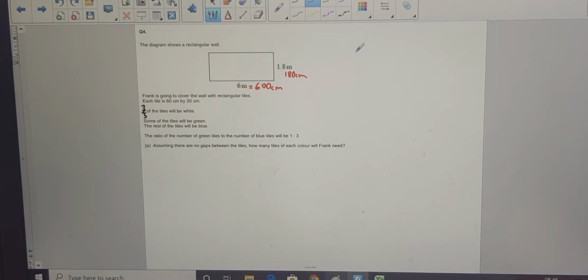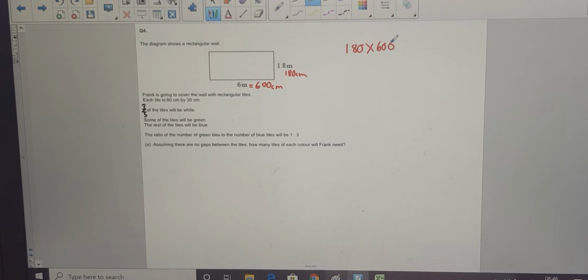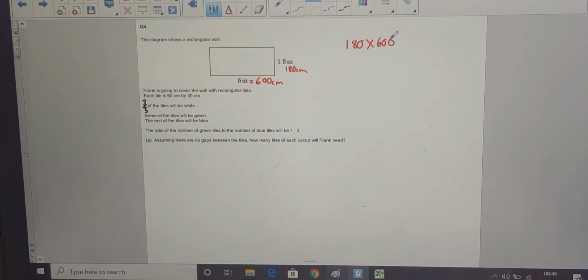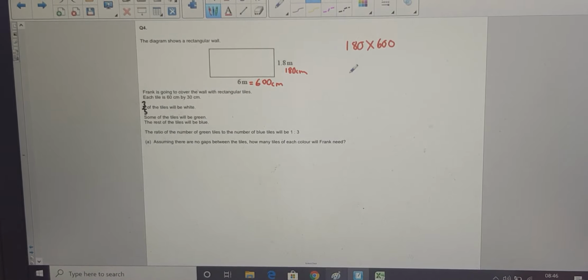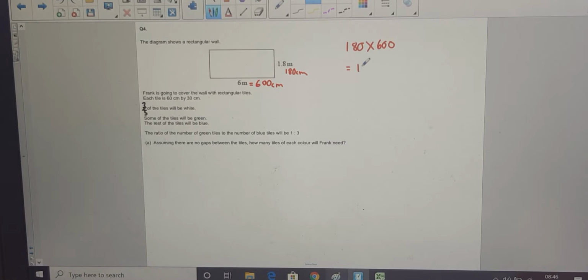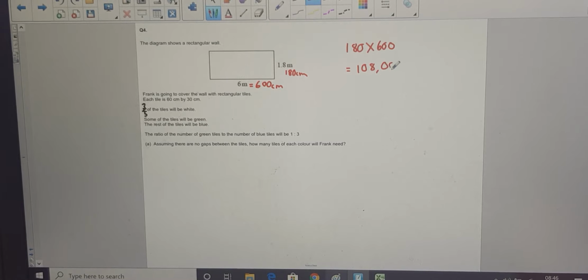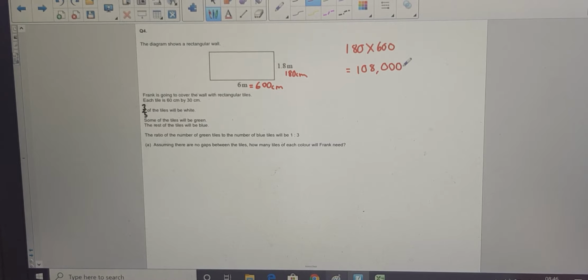Therefore, to work out the area of the wall, because it's a rectangle, length times width is going to give me 180 times 600, which gives me 108,000. So the area of the wall is 108,000 centimeters squared.